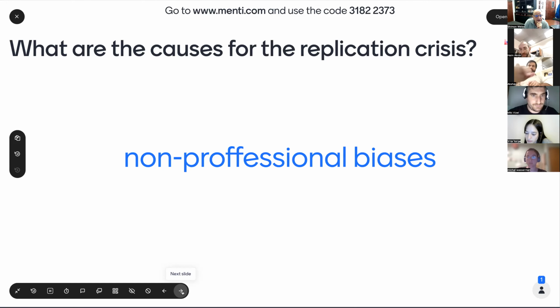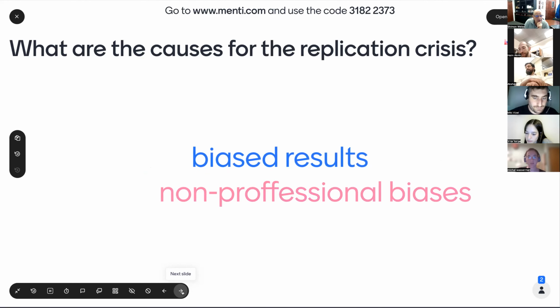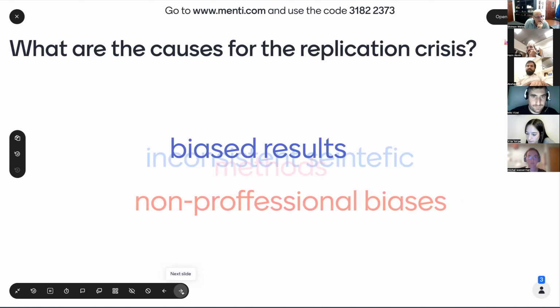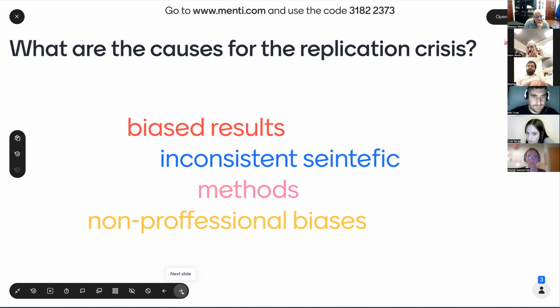Non-professional biases. What do you mean by that? You can open your mic. Bias results. I mean, professional, stuff like self-promotion, being put... So basically non-scientific biases that somehow affect the whole process.